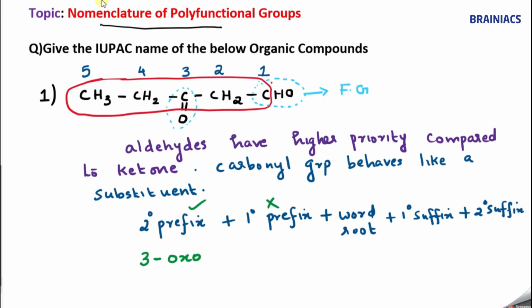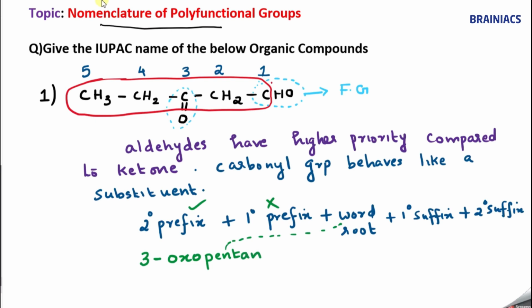The word root for 5 carbon atoms is pent. So pent is the word root here. The primary suffix tells how these carbon atoms are linked: through single bonds, so we say pentan.